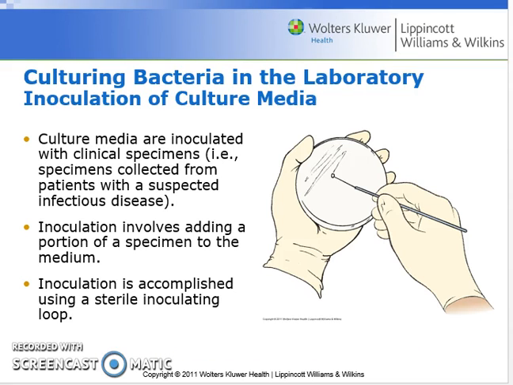Now, when we culture bacteria, we use special instruments called inoculation loops to isolate them and grow them on our nutrient agar and differential agar, or different media plates. We have to isolate our specimen from a specific source.